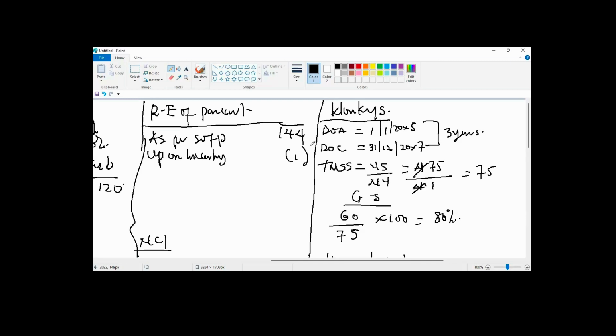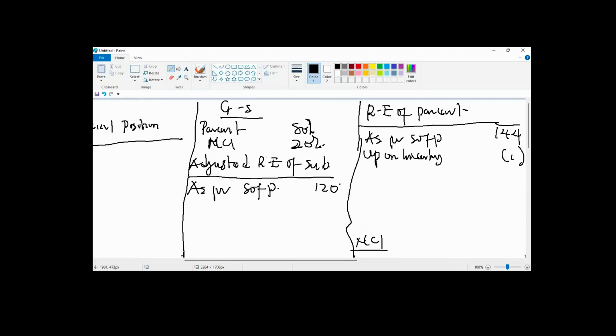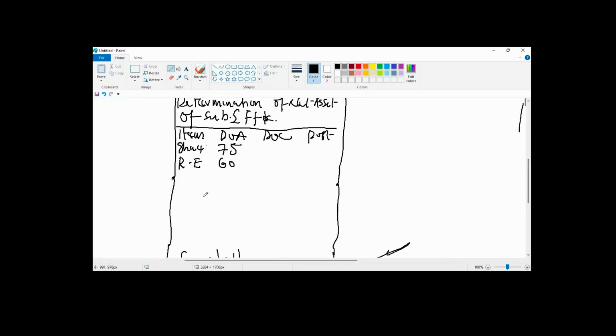On 1st January 2005, the net assets of FFK had a fair value of 155. Say the net assets must show a fair value of 155. After I sum the net assets, it must give me 155. The fair value of the net assets as at the date of acquisition must equal 155.